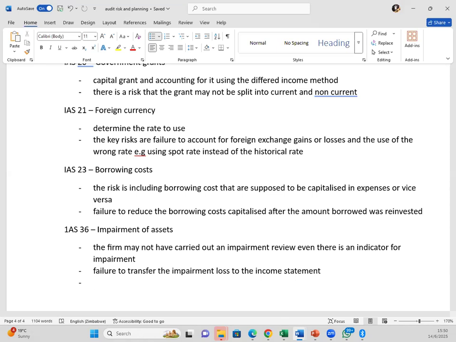The impairment loss is supposed to be transferred as an expense. And what could be the other issue here? Those are the issues that we might come across, but there can be other issues as well. I'm just highlighting the issues that are coming into my mind regarding these standards, what you need to watch out for. So from IAS 36, we have IAS 37.